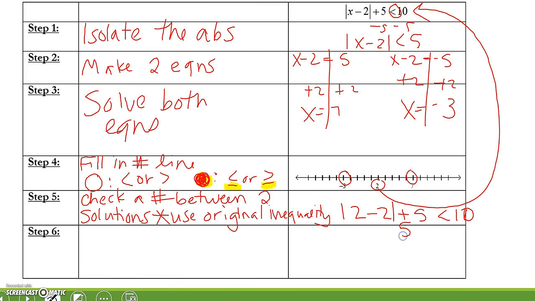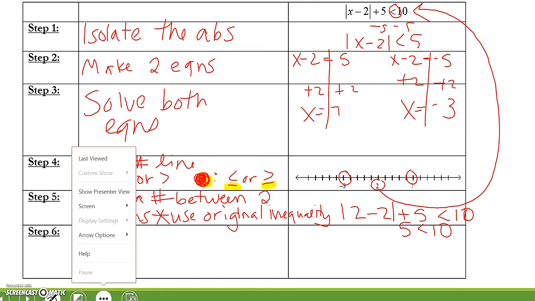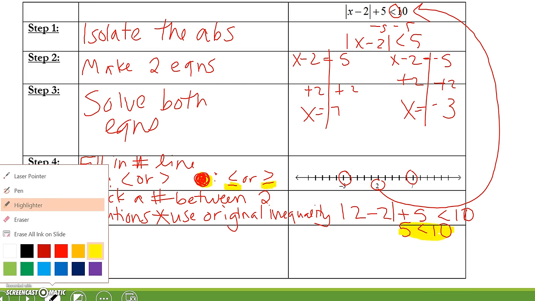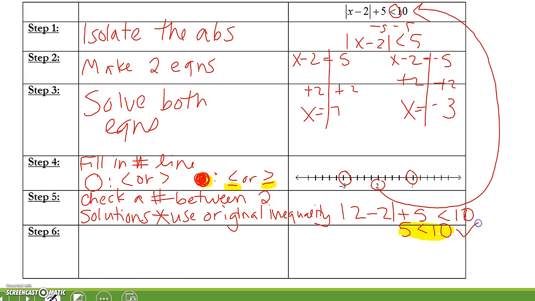And so I know that 5 isn't 10, but what you have to ask yourself is, is this a true statement? And it is, because 5 is less than 10. If it is a true statement, what you do is you shade in between the two numbers, because that means if the 2 worked, it needed to be shaded over. If the 2 did not work, what you would do is shade in the opposite direction.